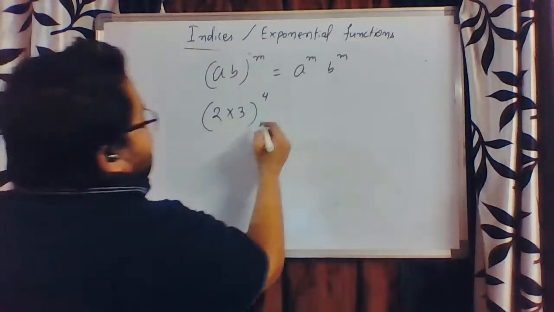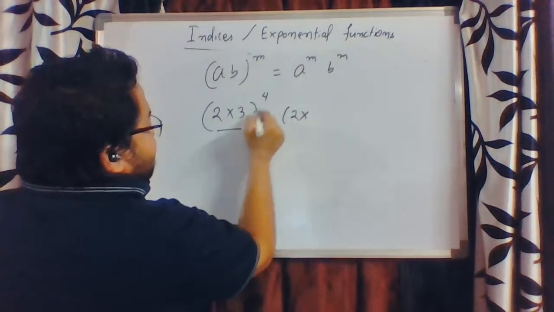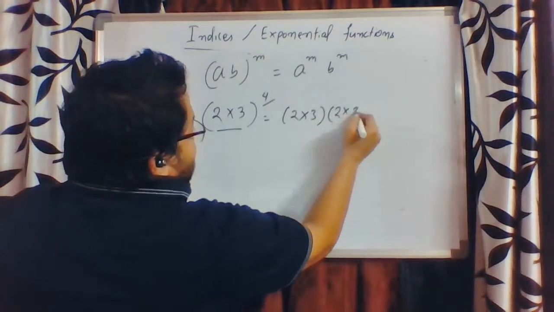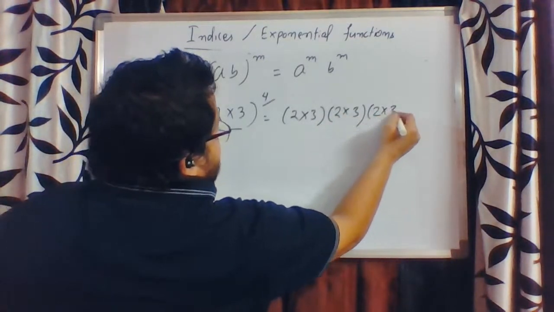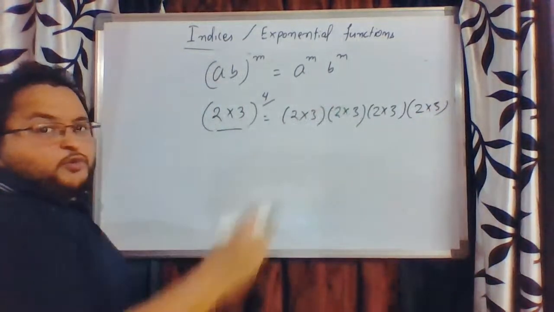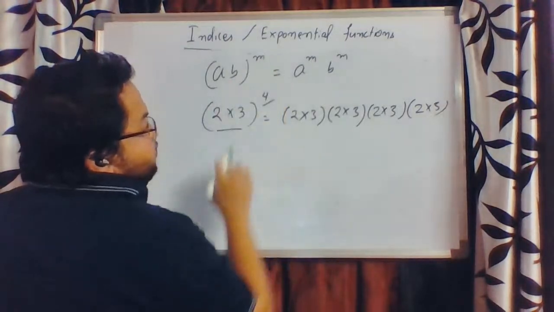So can I say this is nothing but, let us use law 1, anything raised to a positive integer, 2 into 3, 2 into 3, 2 into 3, 2 into 3, 4 times. So I repeated 2 into 3 4 times. Obviously, that is nothing but (2 into 3) whole to the power 4.